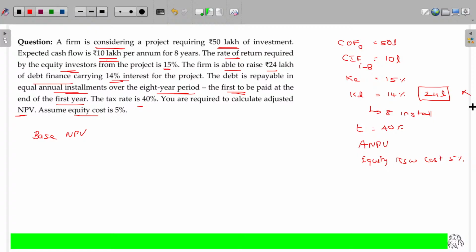That's called base, without the debt component. In that case, how much will you be getting? Discounted cash inflow: every year you are getting 10 lakhs. Find out the annuity factor at the rate of 15%.